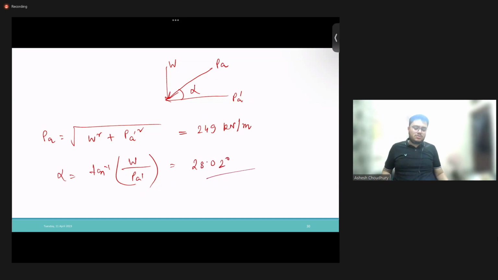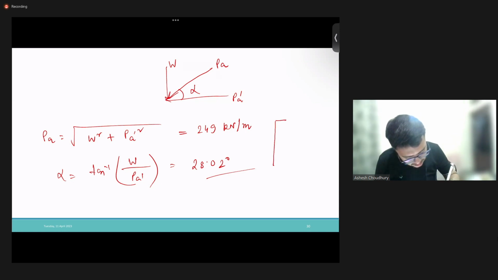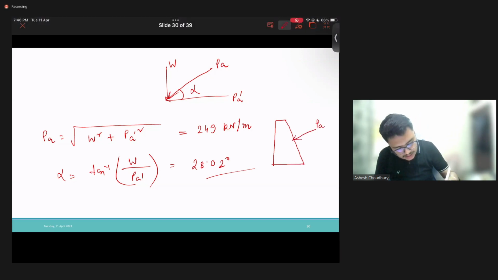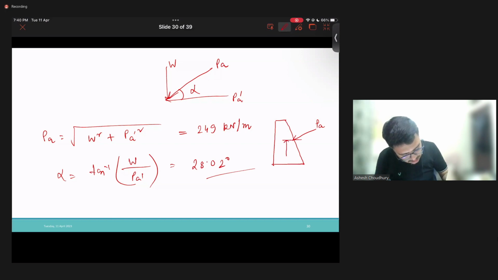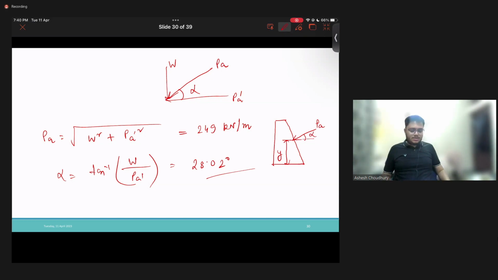Okay, so this was our wall, and our PA is acting here like this. This is y and this angle is alpha. Like this we solve this problem.